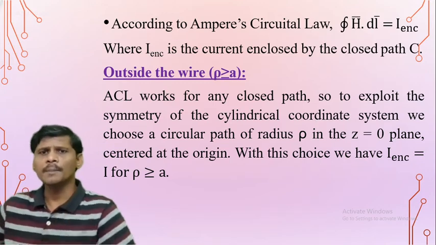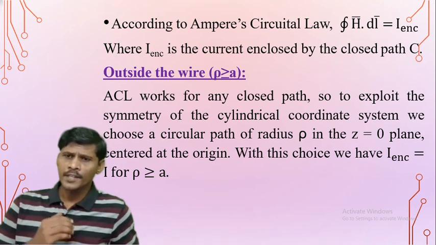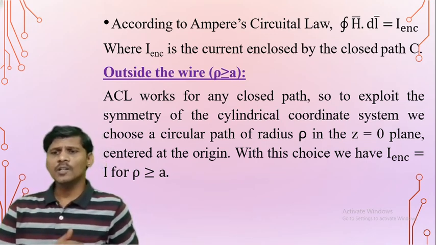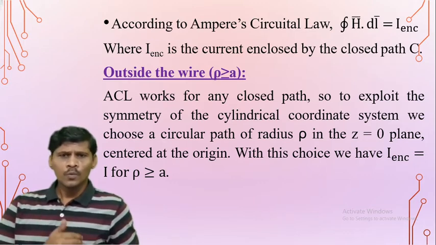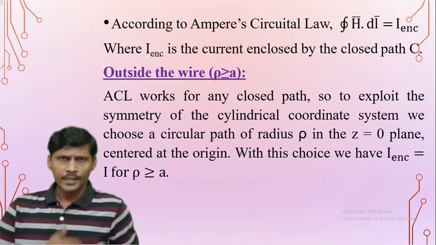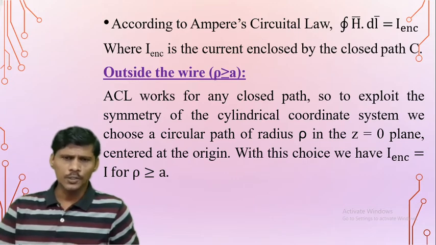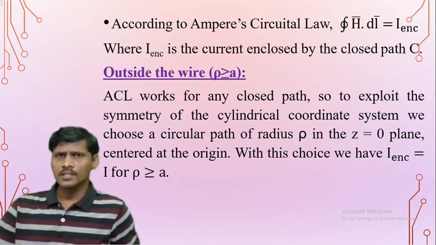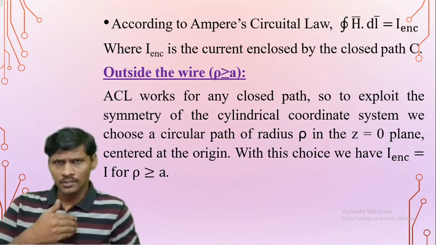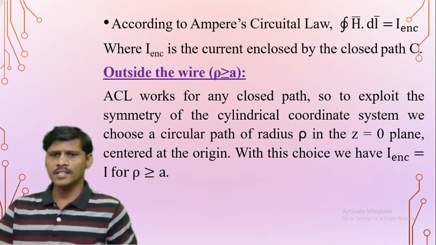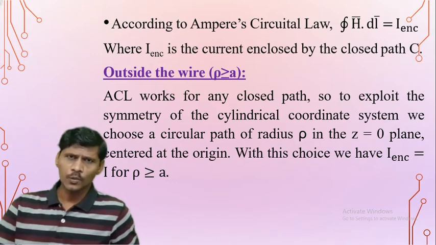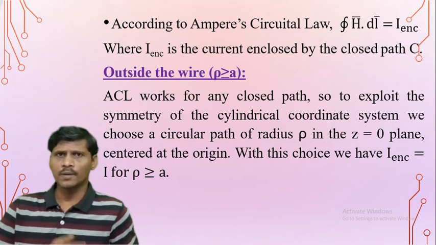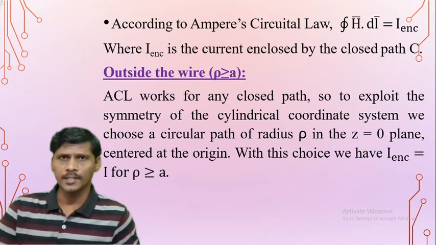According to Ampere circuit law, to exploit the symmetry of the cylindrical coordinate system, we choose a circular path of radius rho in the z equals 0 plane centered at origin. With this choice, the enclosed current is I for rho greater than or equal to a.